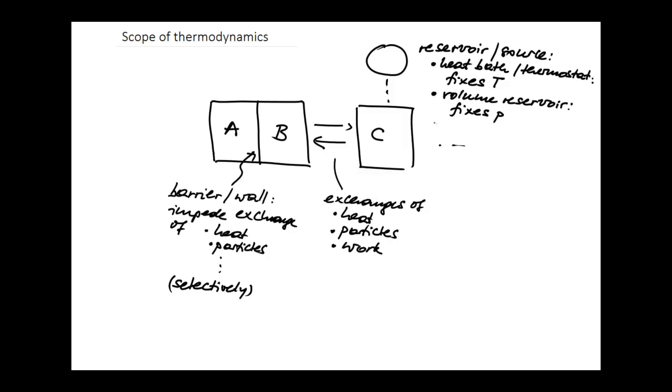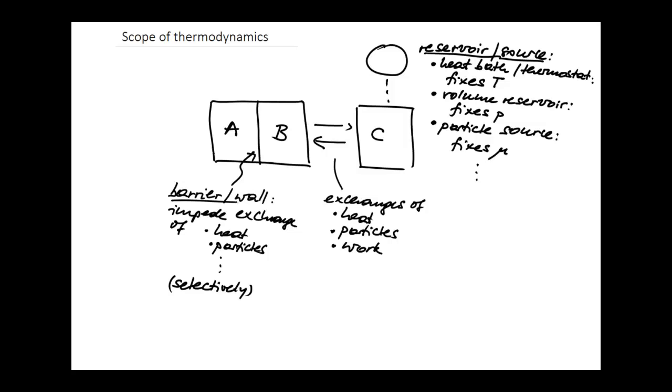Then there are particle sources. Such a particle source fixes the chemical potential. So reservoirs quite generally fix values of intensive variables, whereas barriers or walls impede the exchange of extensive quantities.